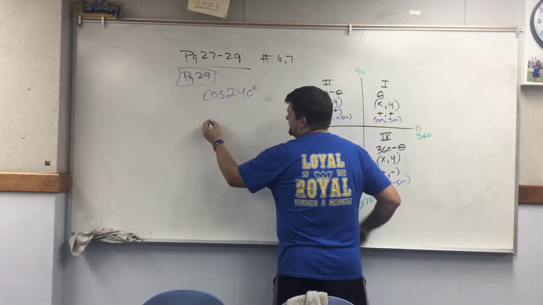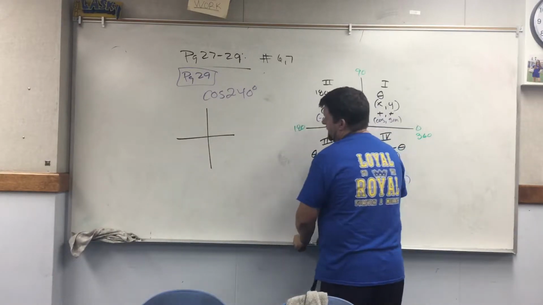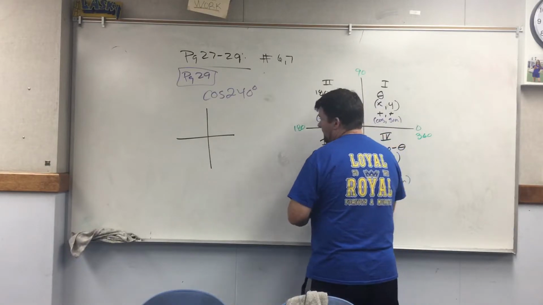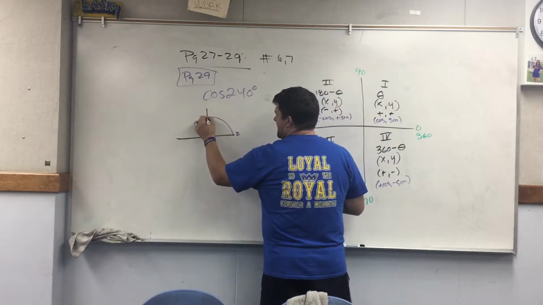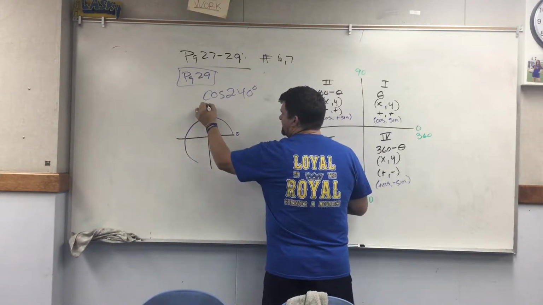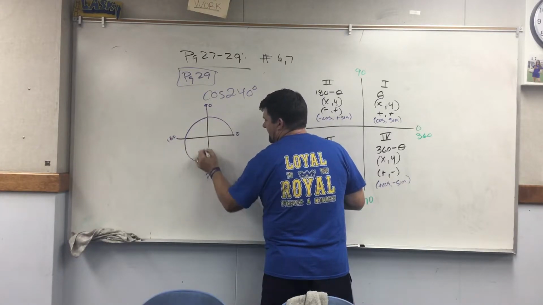If I draw a small unit circle here, I know that this 240 degree angle is going to go from 0, past 90, past 180, and stop somewhere in here. So this is 90, 180, 270. And I draw my terminal side.